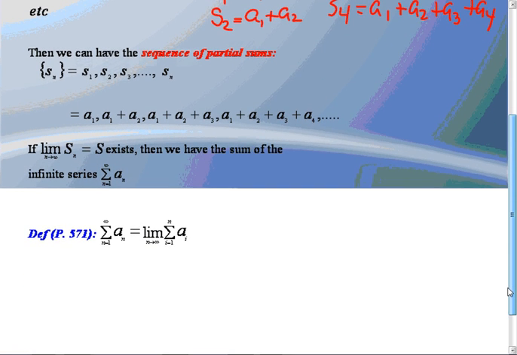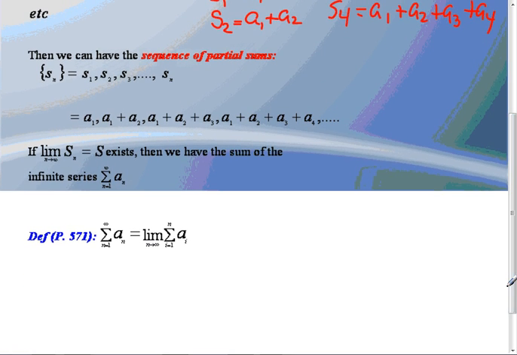Now, if my sequence of partial sums is equal to S, then we have the sum of the infinite series: A1, A1 plus A2, etc. And if the limit of my S sub n is equal to S, if it exists, then we have the sum of the infinite series.